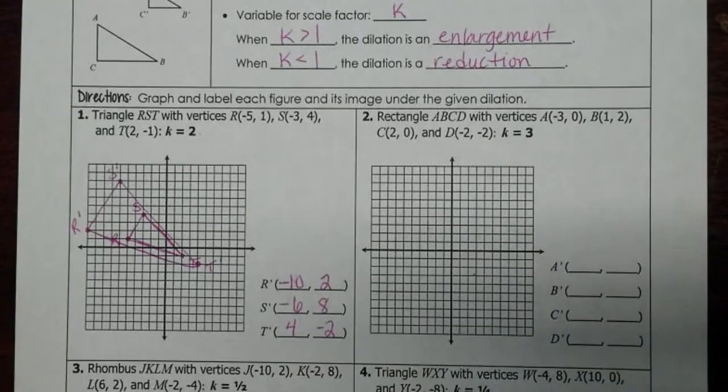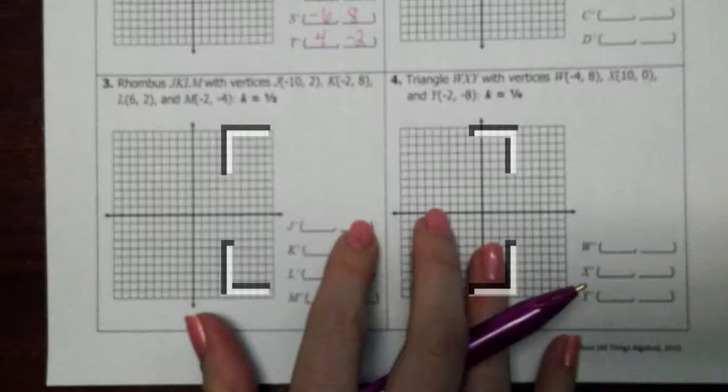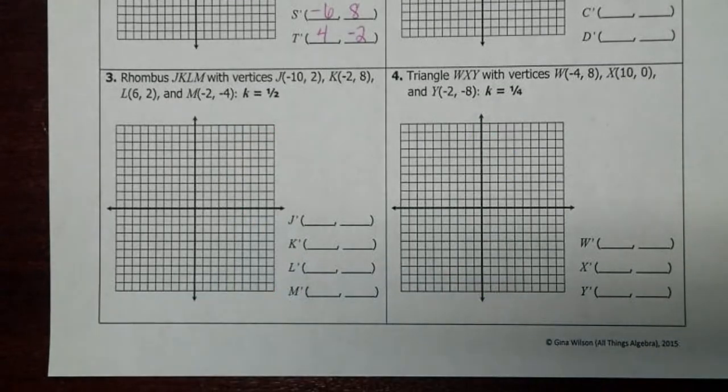Okay, I'm going to skip around. I'm going to look at number 3 next. I'm going to see what happens when I have a scale factor that's a fraction. So on number 3, I'm going to take these values and plot them.